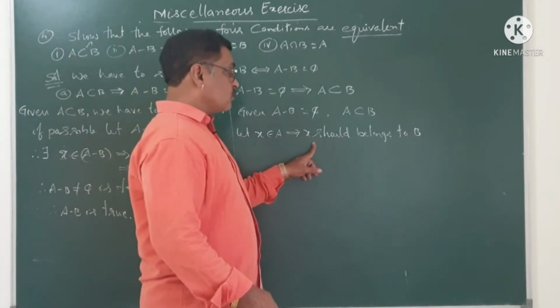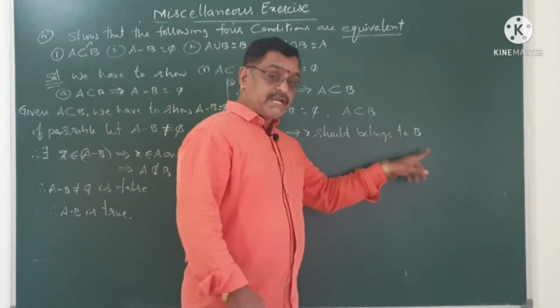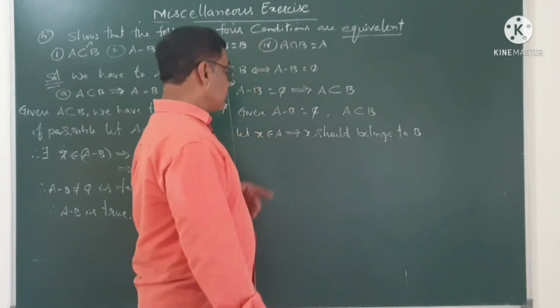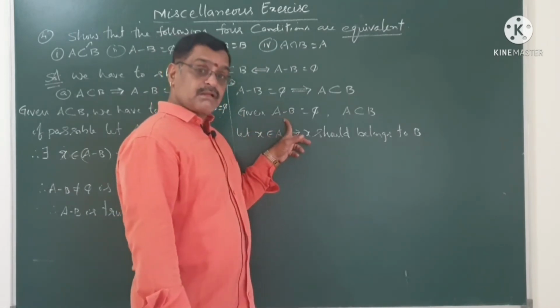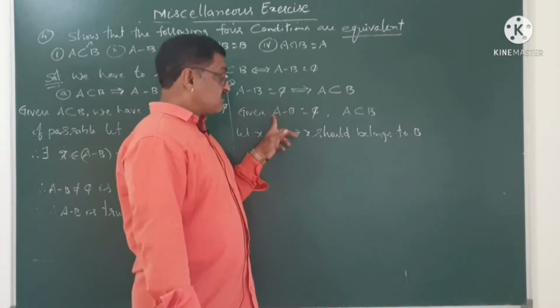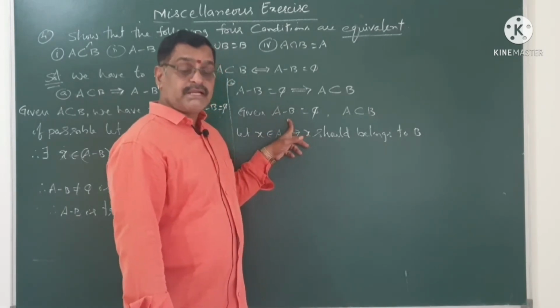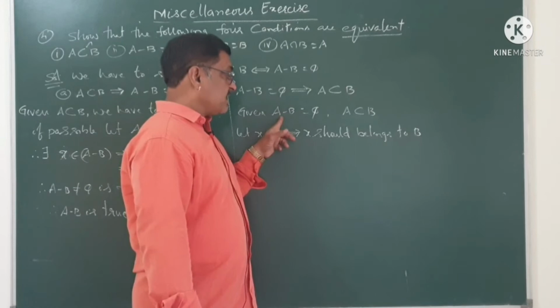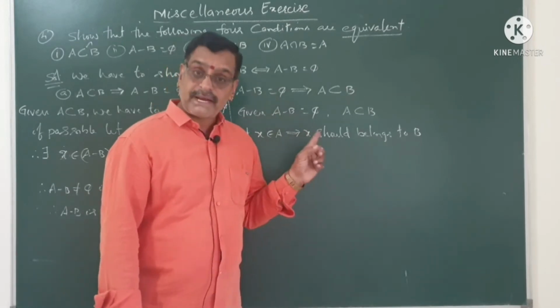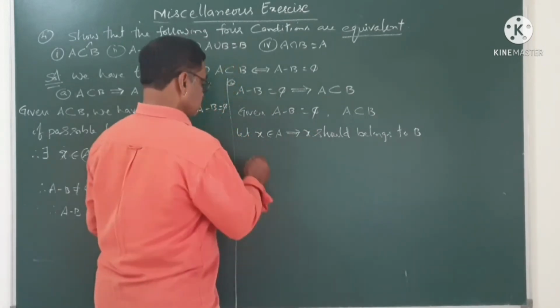If x should not belong to B, then x belongs to A minus B. X belongs to A minus B means A minus B is not empty. It is a contradiction with our statement A minus B is equal to phi. So it is true.